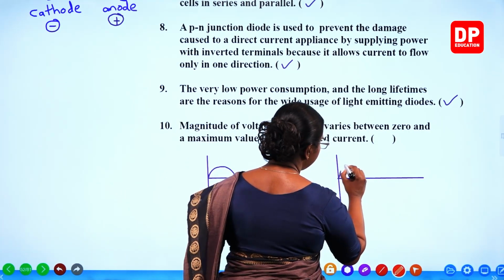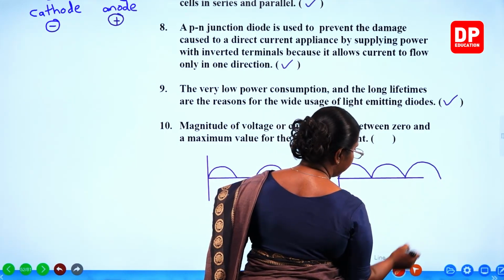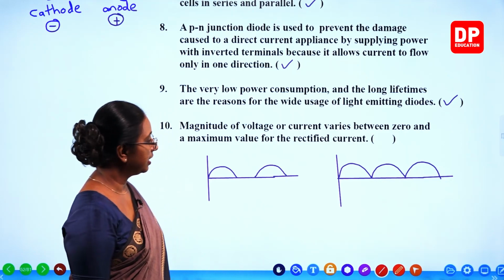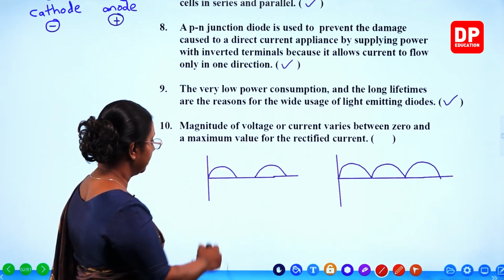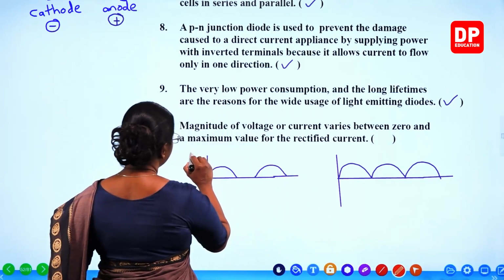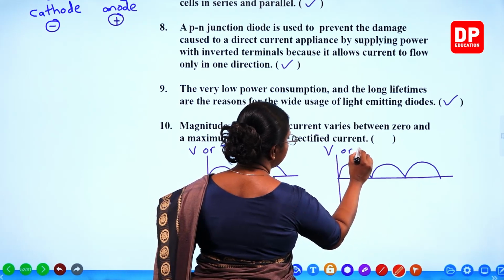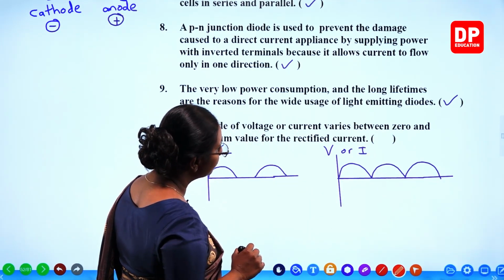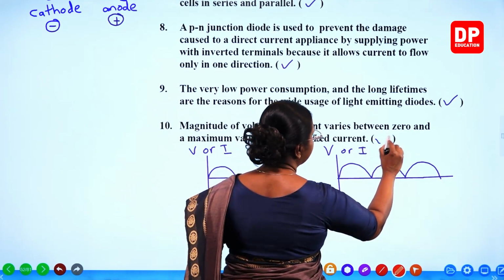If you take the full wave rectified, there also you will have a fluctuation between 0 and a particular value. So always the magnitude of voltage or current varies between 0 and a maximum value for the rectified current.